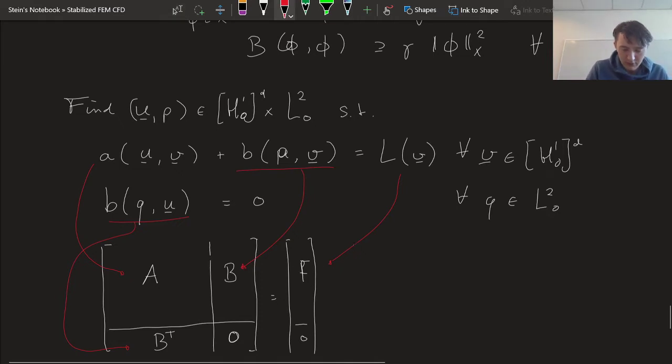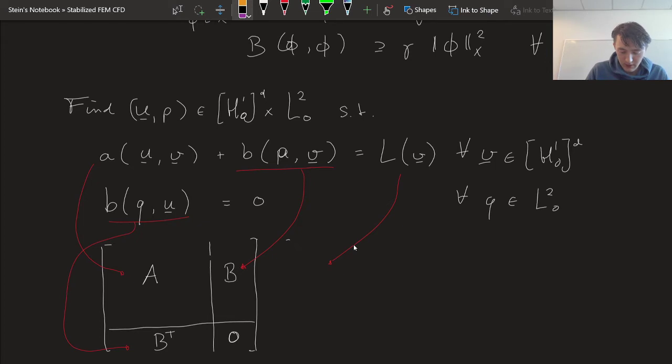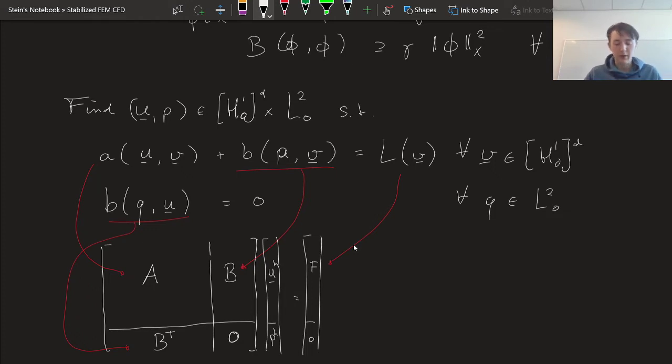Of course I have to write this slightly differently. So we're multiplying this by our solution function for U and our solution for P, so UH and PH. And the result is going to be equal to F0. There we go.